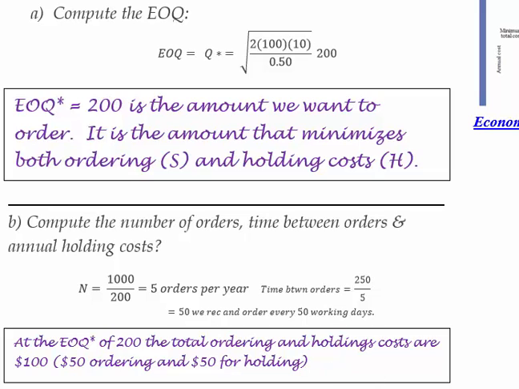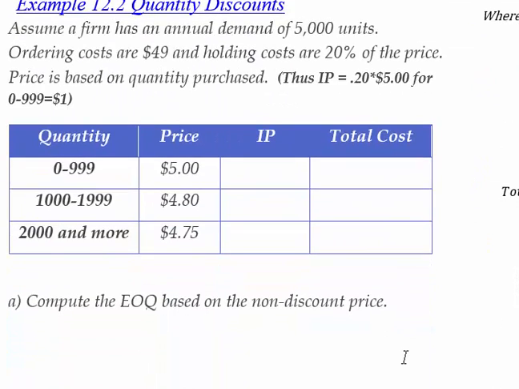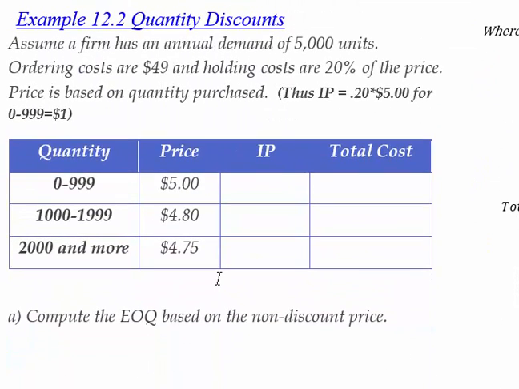Which sort of brings me to the next page, which is where we talk about quantity discounts. So in example 2.2, we talk about quantity discounts. So here we have a little bit different calculation we have to do to figure out what the holding cost is.